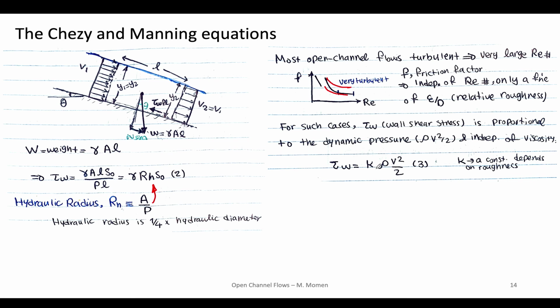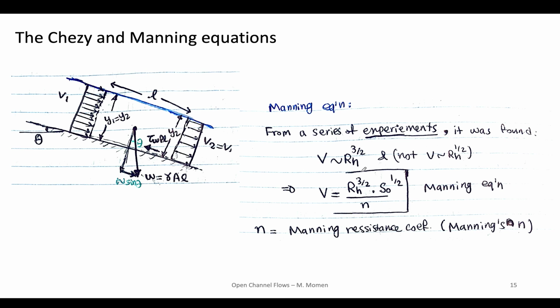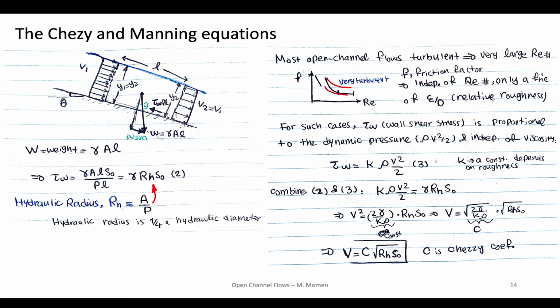And if I make this assumption, then I can combine equation 2 and 3 together. Combining equation 2 and 3, I can write that K rho v square over 2 is going to equal gamma RH, the hydraulic radius, times S naught. So I will just rearrange this.